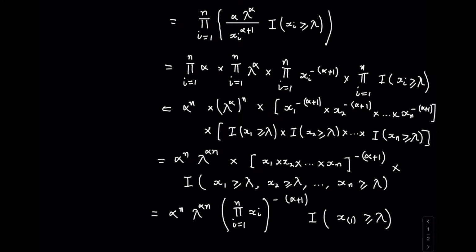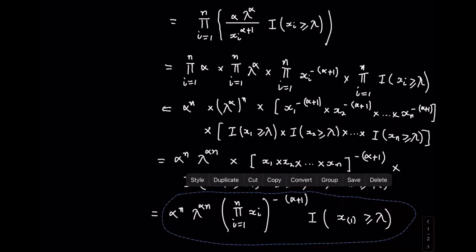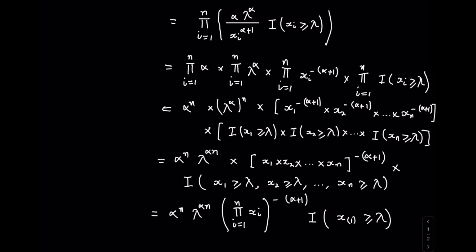In other words, recall that x subscript bracket 1 is a statistic of the data set, and it is the minimum value of the data set. So if the minimum value of the data set is greater than lambda, then all of that is true. So that is just a simplified, nice version that we can use. Cool. So I'm just going to take a copy of this with the software that I'm using.